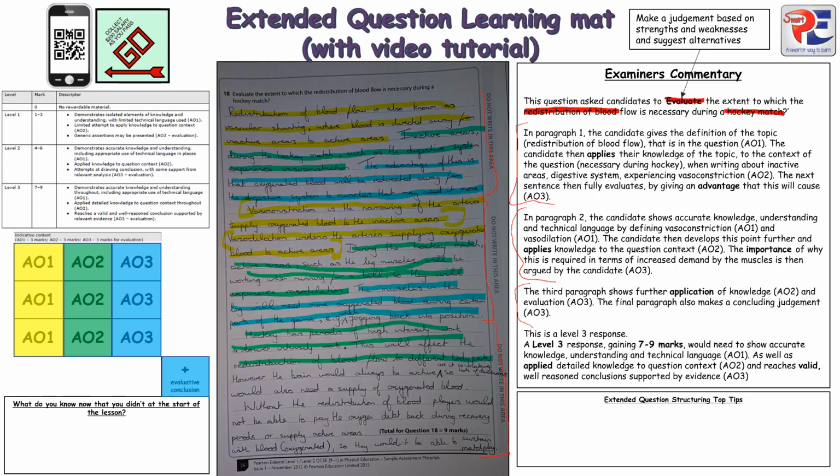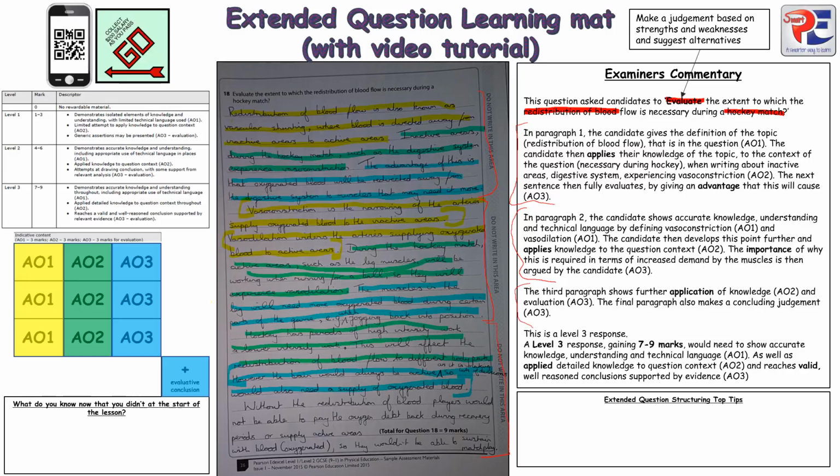They've then gone on to evaluate further by, possibly you could argue, suggesting an alternative reason or making a judgment again. And again, I'd say this one here is 1 AO3 mark.